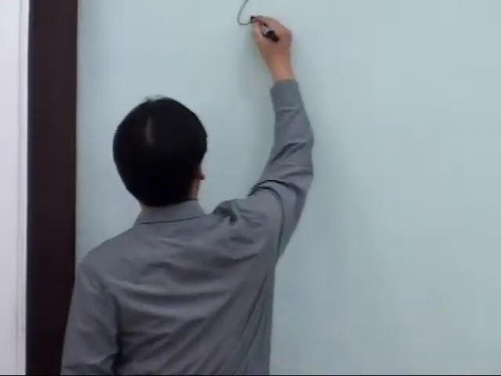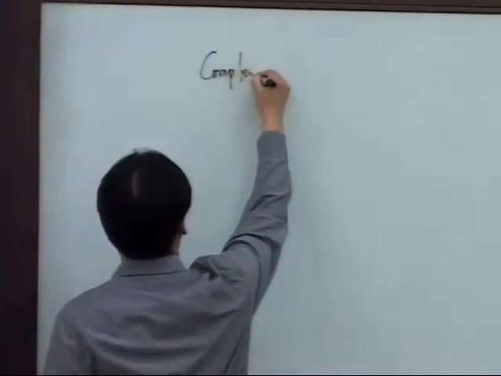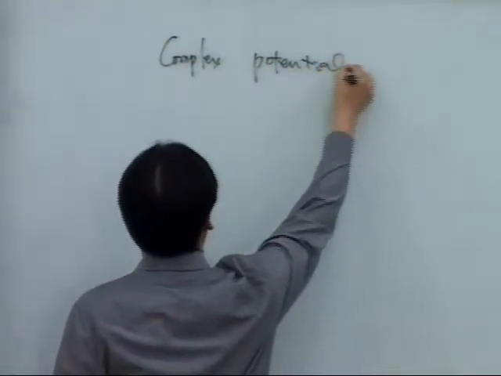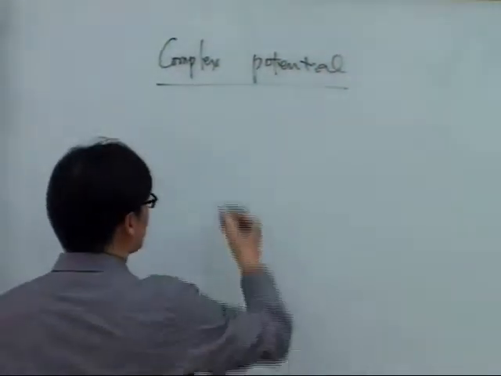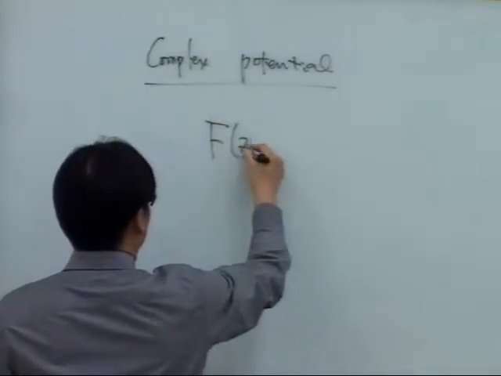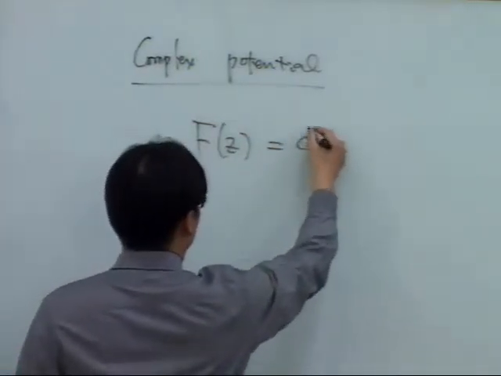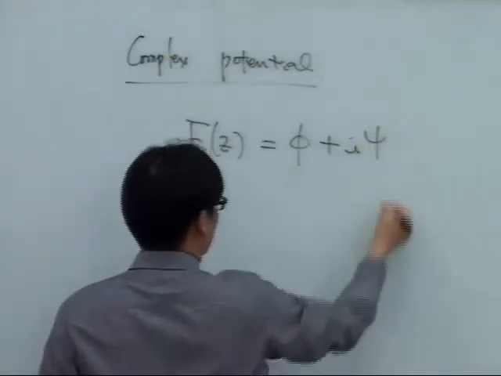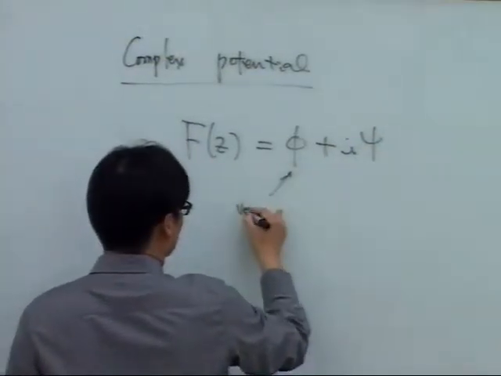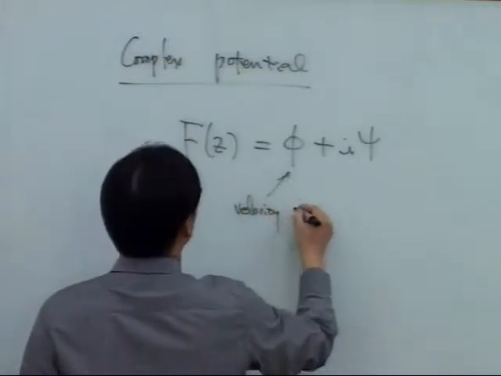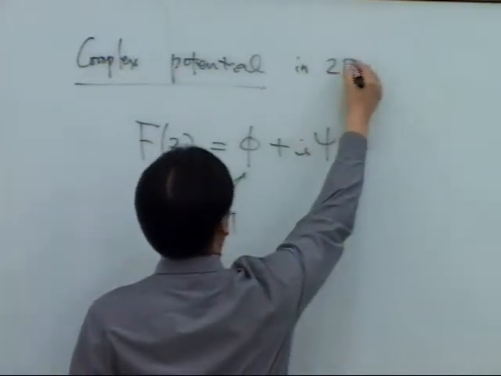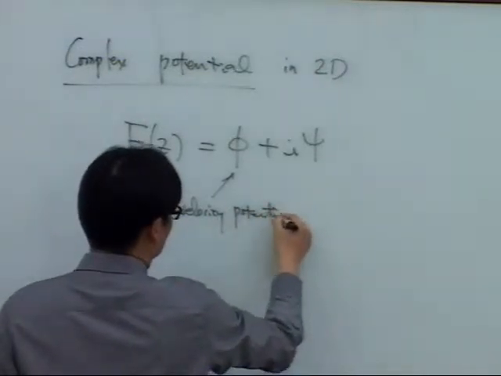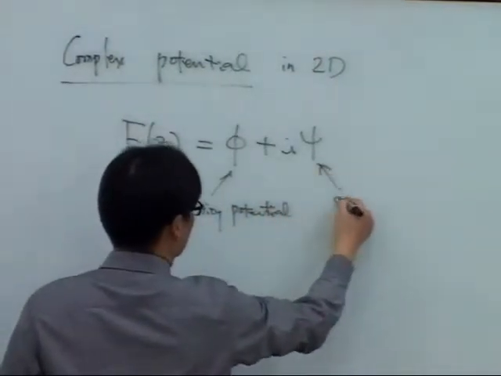Let's continue to discuss complex potential that I started on Tuesday. So complex potential is defined as f = phi plus i psi. Here, phi is the velocity potential, and psi is the stream function.